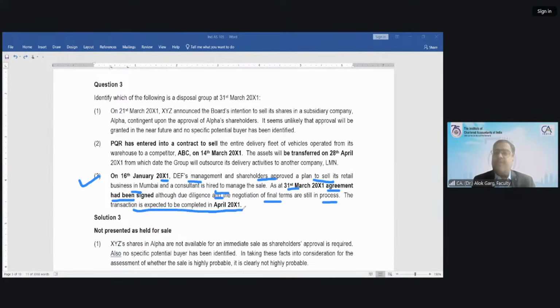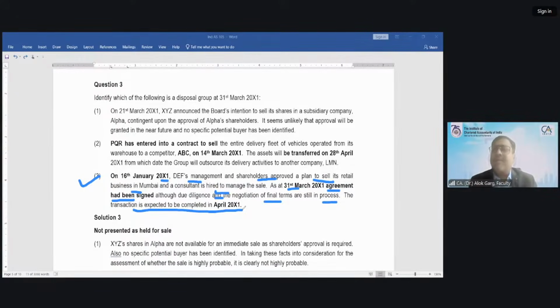Okay. So as on 31st March 20x1, since 16th January, management is committed to a plan to sell the asset. The plan has already been approved. They want to sell the retail business in Mumbai, and a consultant is also hired to manage the sale. It means an active program to locate a buyer has started.